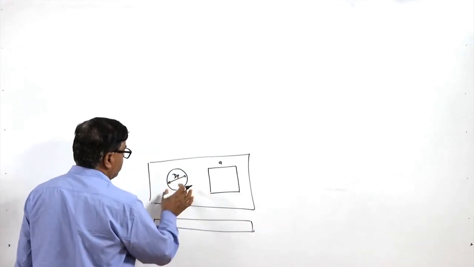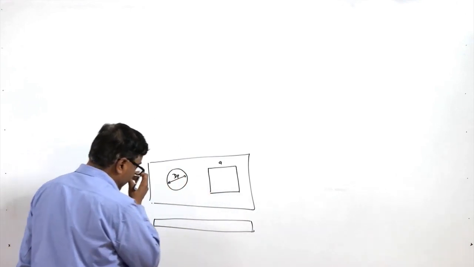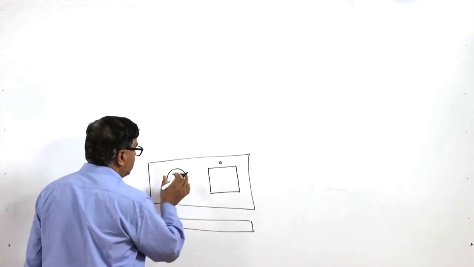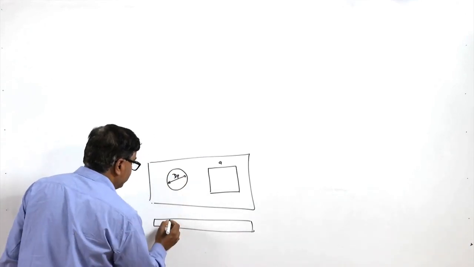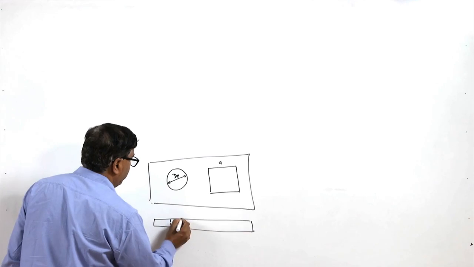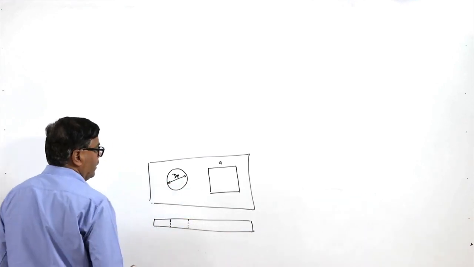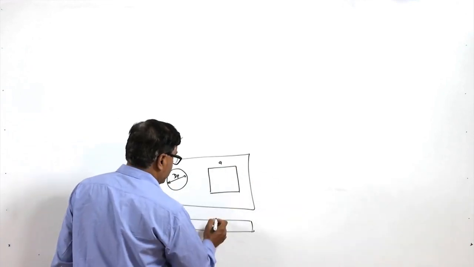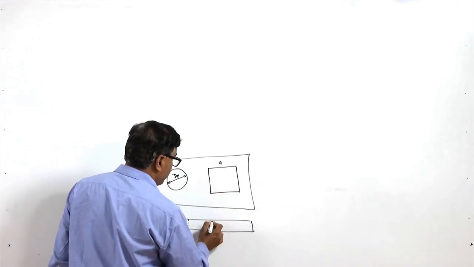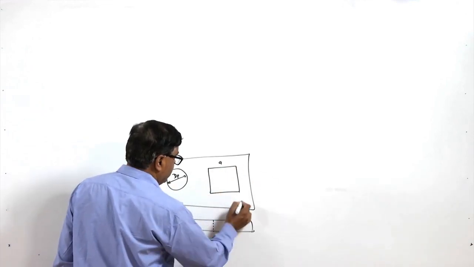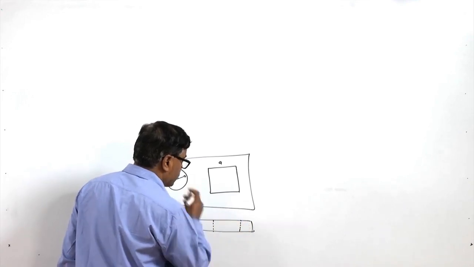So in this case the punch is of circular section, so it will be producing a corresponding hole like this in the strip, and in case of the square punch section, it will also be producing a square hole.